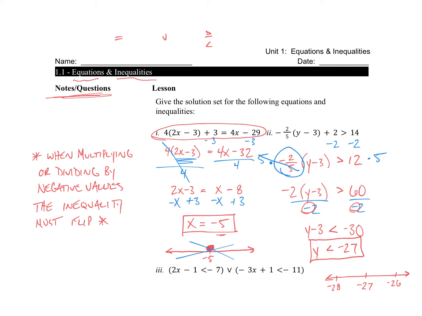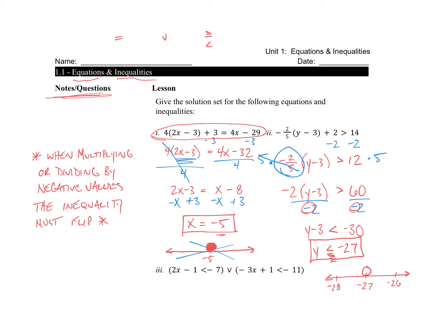We're saying that all of the acceptable values for y have to be less than negative 27, but not equal to. So negative 27 is the value that we're starting at, but we're not going to include that value. Over here, we filled in the negative 5 because we wanted to include the value negative 5.